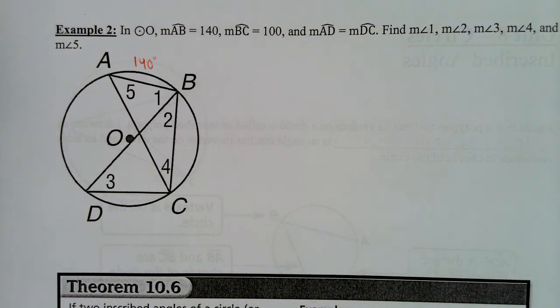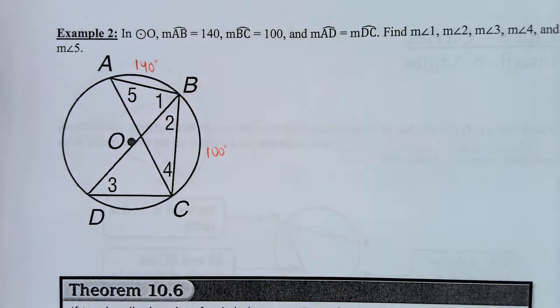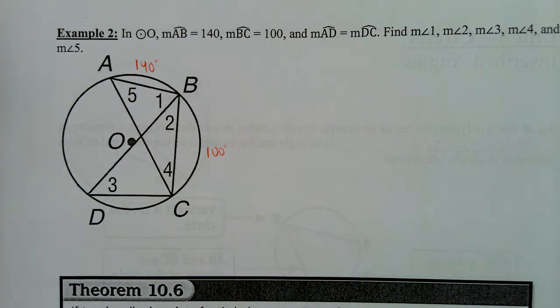This drawing is clearly not drawn to scale, but that's okay. The drawings don't have to be drawn to scale, same thing with the SATs. BC is clearly bigger than AB, but we're just going by what the directions say. And the measure of arc AD equals the measure of arc DC.